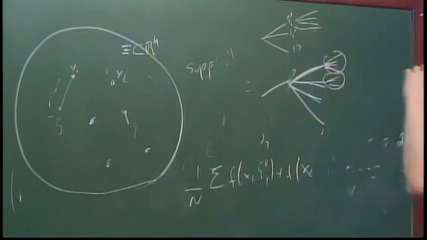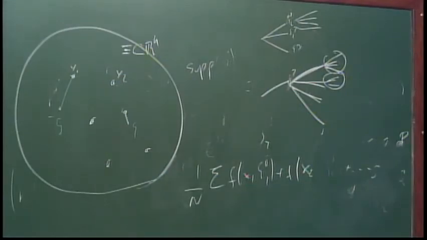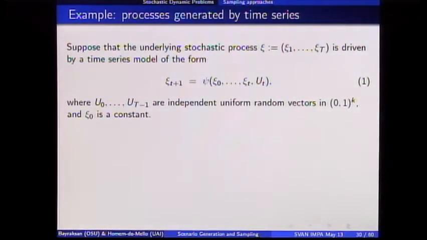So how would you generate these samples? Here's one situation that arises often in practice. Suppose your stochastic process is given by this: your uncertainty at time t plus 1 is a function of what you saw before and some noise.